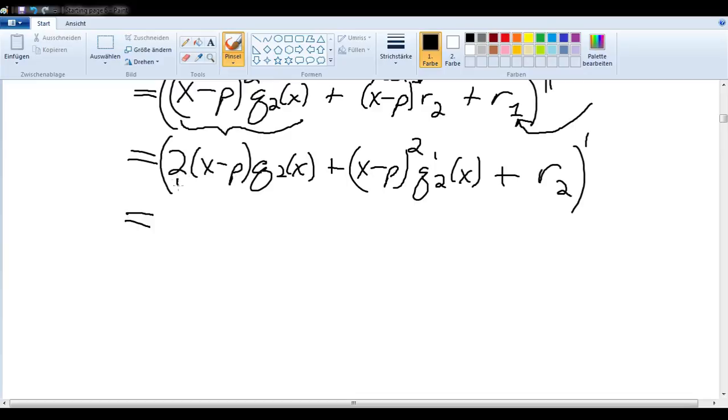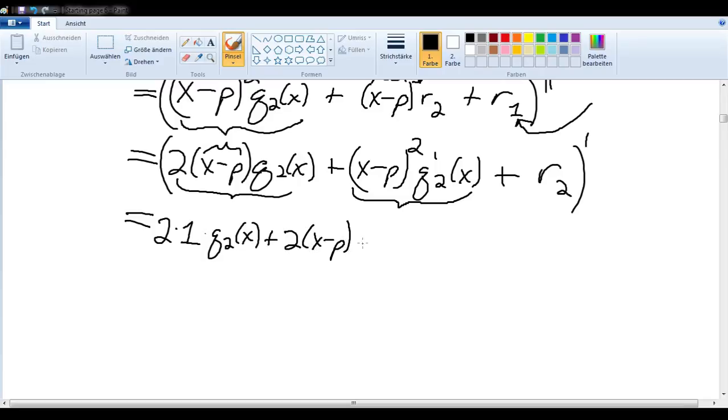So now we have two terms that we want to take the derivative of with the product rule, so let's begin. We get here, the derivative of that is 1, so 2 times 1 times q sub 2 of x, plus, now we'll leave that as is, and we'll take the derivative of that.